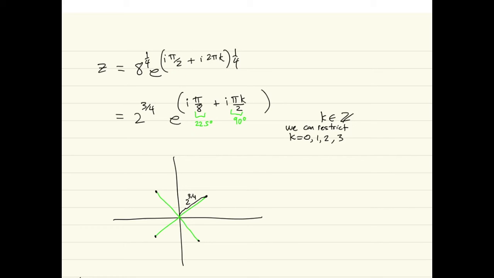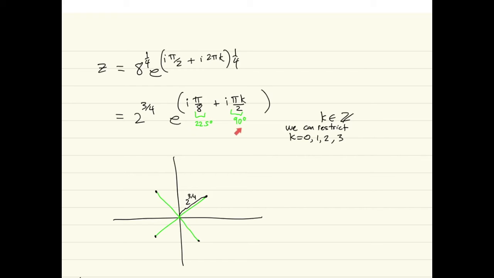Pi over 2 times 1/4 is pi over 8, and the 2 pi k over 4 turns into pi over 2 k. And so we can restrict to these values of k. And k can be any integer, 0, 1, 2, 3, also some negative integers. But we only need these 4 values, for example, because if we go to k equals 4, that's pi times 4 over 2, which is 2 pi, which is 360 degrees, and we'll be back at the same place.